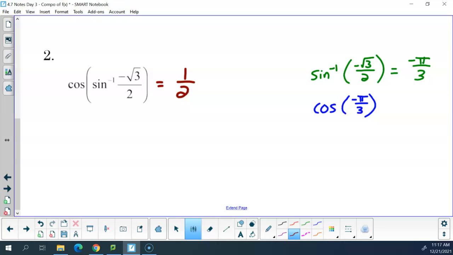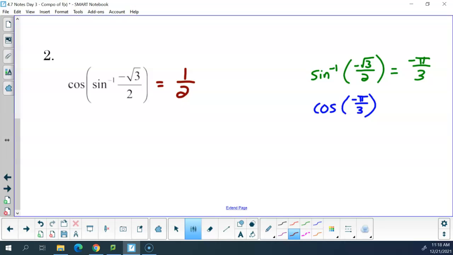In the next style, the next brand, if you will, we're going to switch where the inverse is. Because here we're finding the numbers. Now, with the inverse on the outside, it's finding the angle.